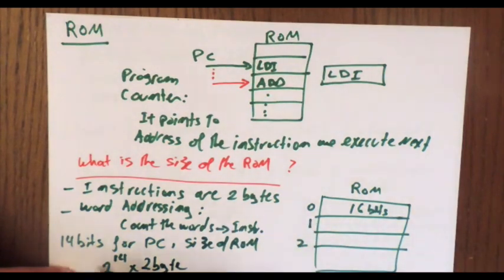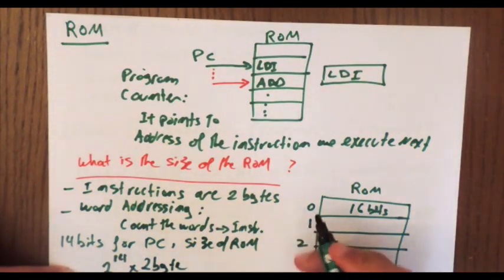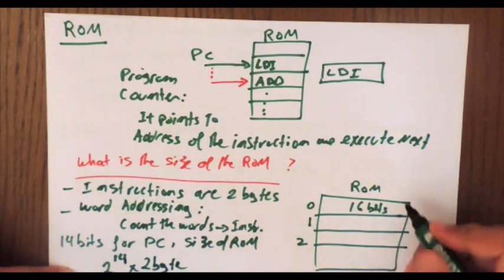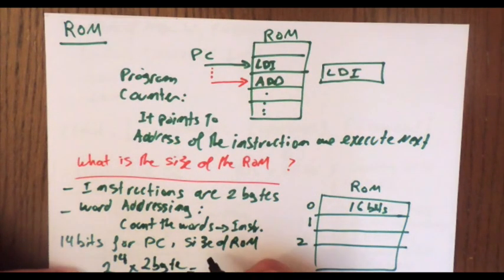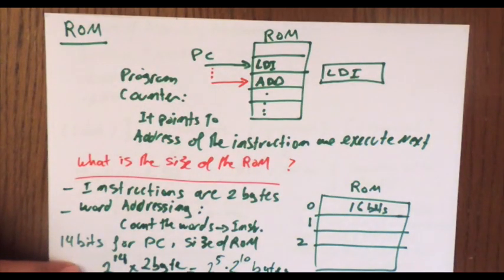If PC is 14 bits, then 2 power 14 is the number of locations that we count, from 0 to 2 power 14 minus 1. And 2 power 10 is actually k, 1k. So we can write this as 2 power 5 times 2 power 10 bytes, and this will be equal to 32 kilobytes. So if I have 14 bits, times 2 bytes, then I have a memory of 32 kilobytes.